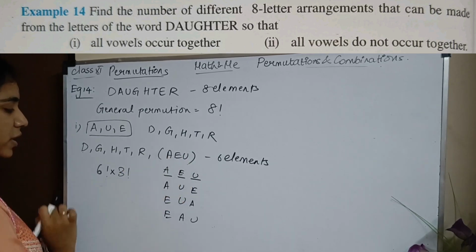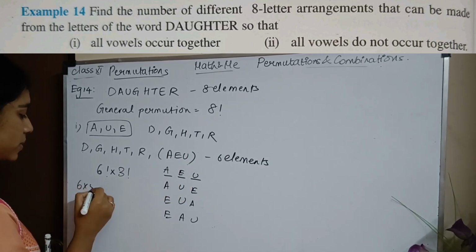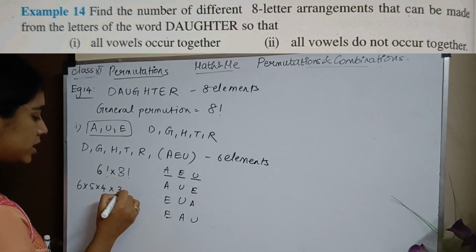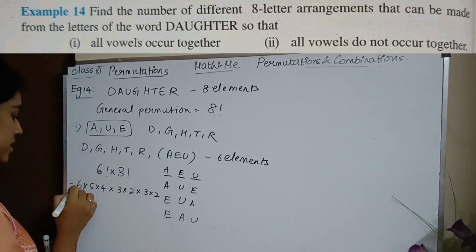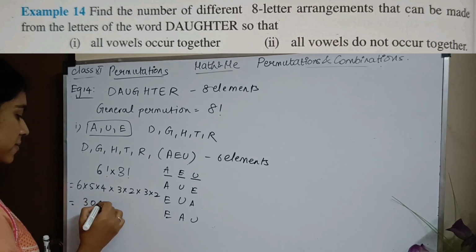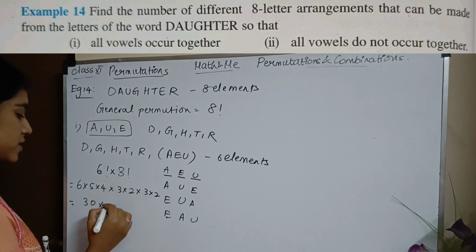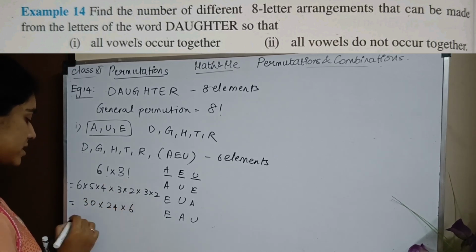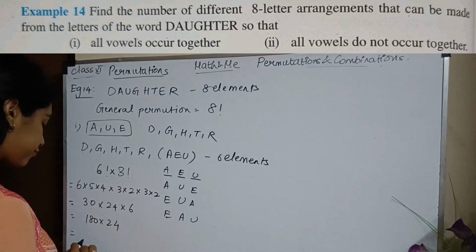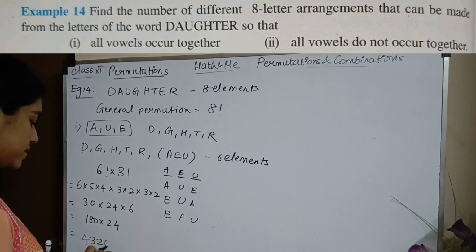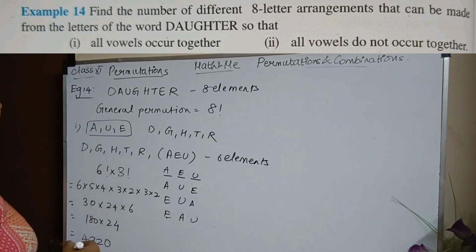Correct? So I have 6 factorial times 3 factorial which will be 6, 5, 4, 3, 2, 1 times 3 into 2. So this will be 6 5s are 30 times 3 2s are 6, 6 4s are 24 times 6. This will be 180 times 24, which is 4320. This is when vowels are placed together.